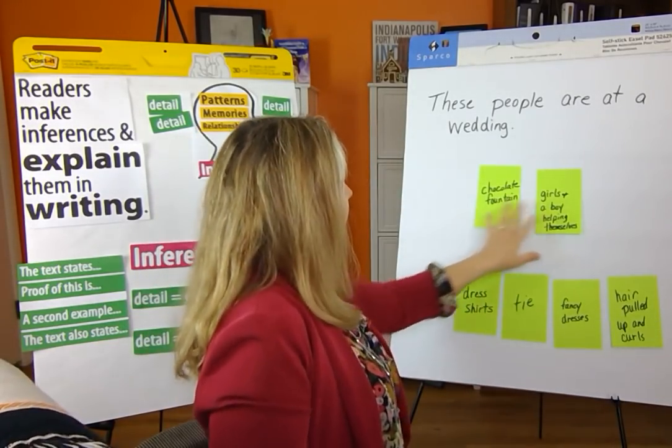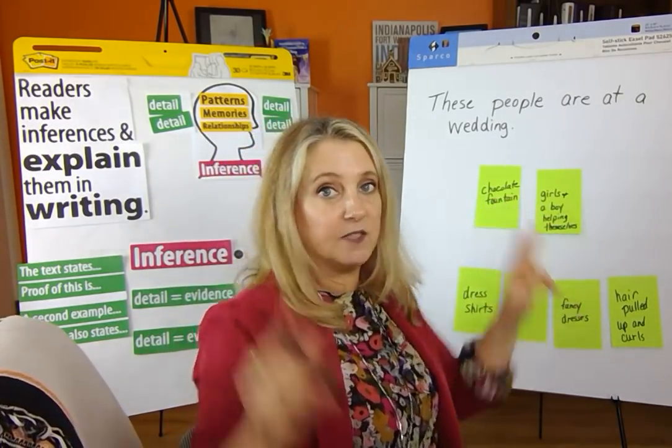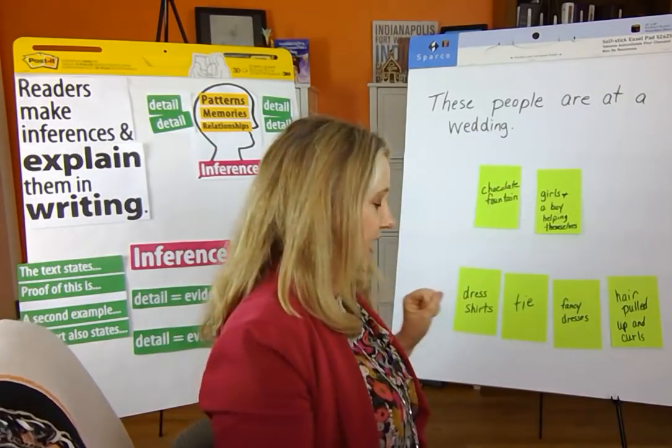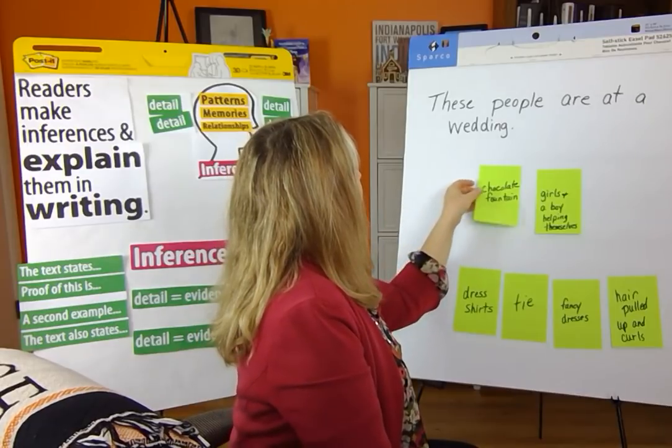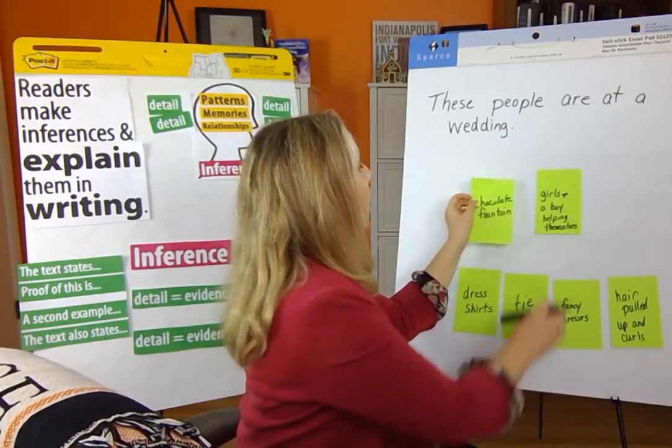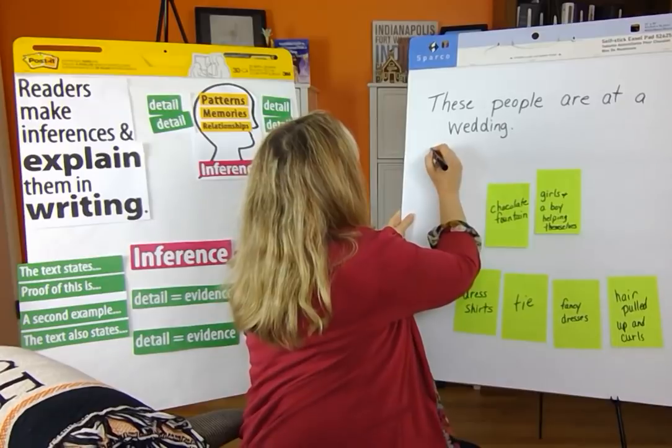Now I've got some details from the text, from the photo, which was our text, okay? And so I'm going to use a sentence stem that's made for a photo. Let me see.